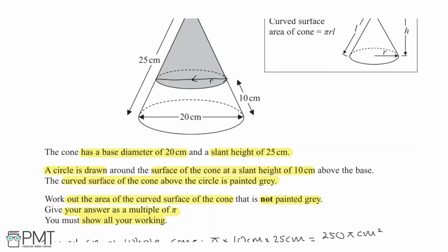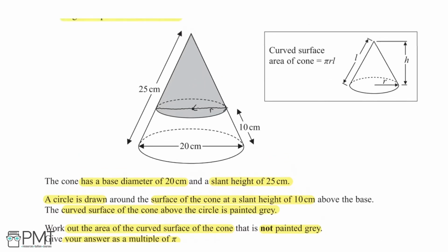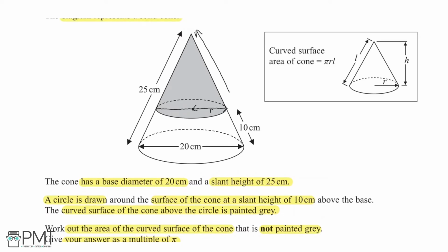Because we know that this big cone has a slant height of 25 and this smaller cone is going to be 15 centimeters, we're effectively just going to use a ratio. So the slant height to the diameter is 25 centimeters to 20 centimeters. Actually, it should be the diameter here, sorry.